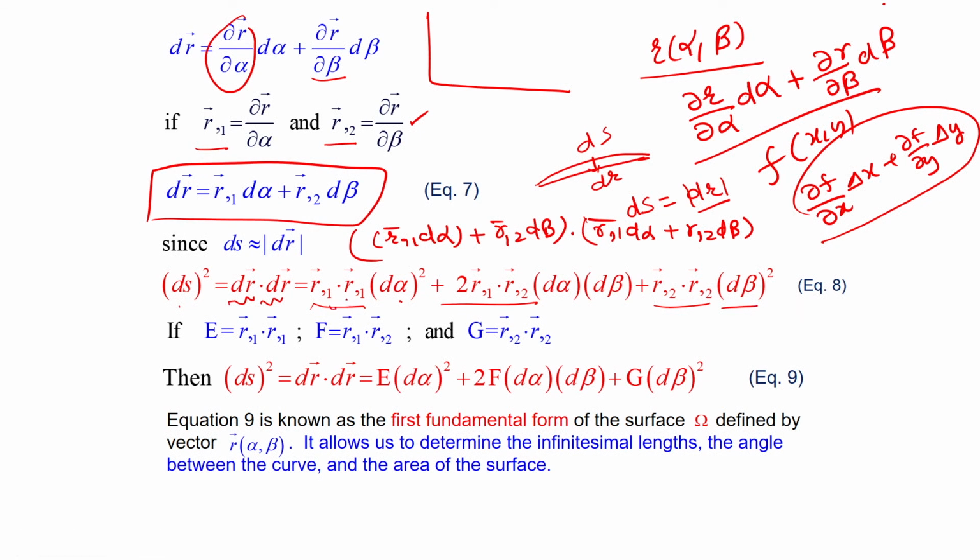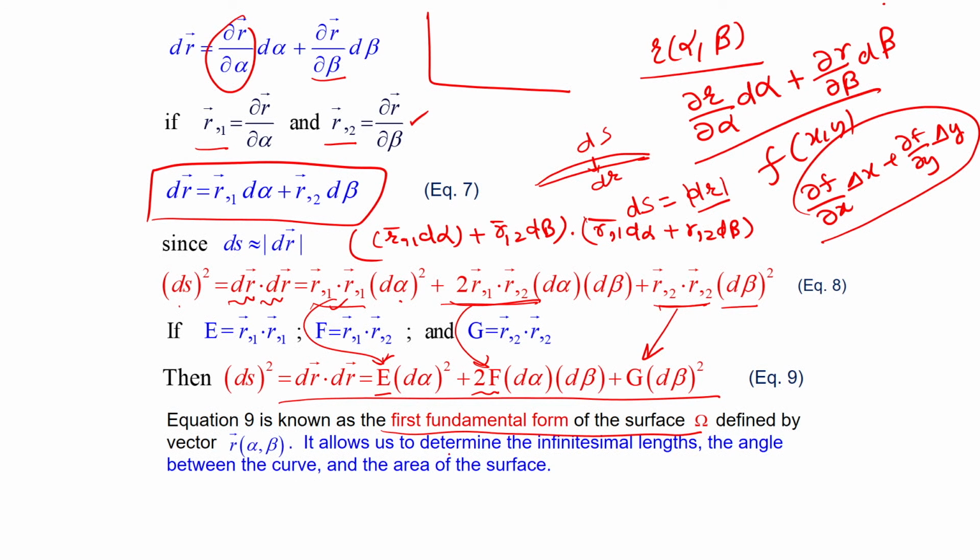Basically, this quantity is replaced by E, this quantity is replaced by F, and this term is replaced by G. So, this equation, equation 9, is known as the first fundamental form of surfaces.